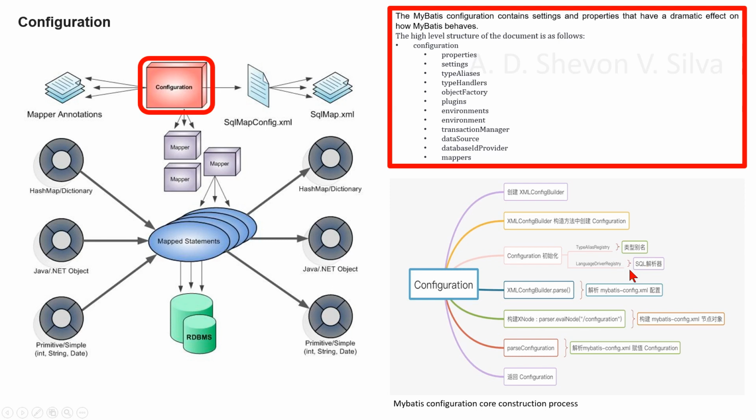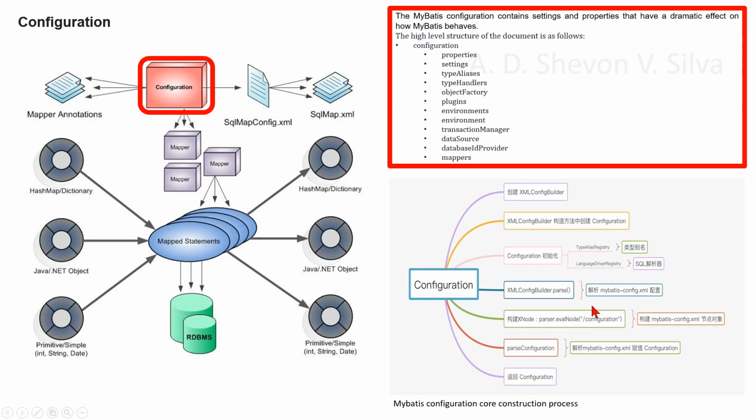Language driver registry. Language driver registry is the SQL parser in MyBatis, which stores different SQL parsers and uses a hashmap storage method along with the type alias registry. Analysis of mybatis-config.xml.